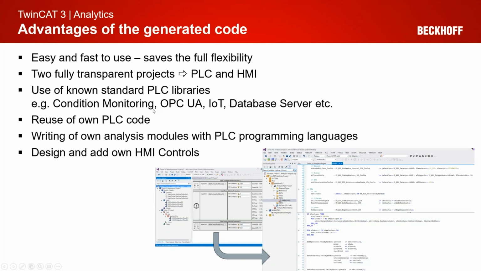So the condition monitoring library, for example, can be used in the PLC code, the OPC library, the IoT library, to communicate via MQTT again onto the machine, for example. This scenario could also be possible: not only publishing data from the machine, you can also subscribe to the message broker and send analyzing results back to the machine application, right?